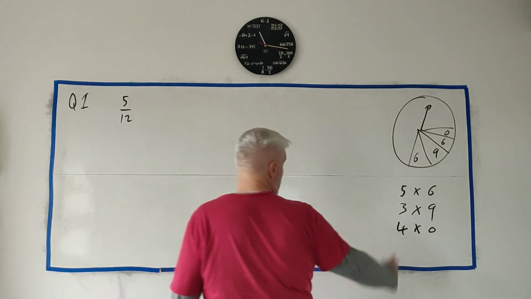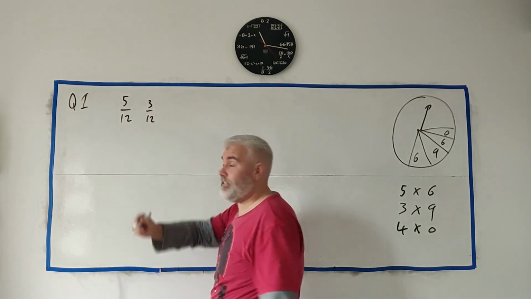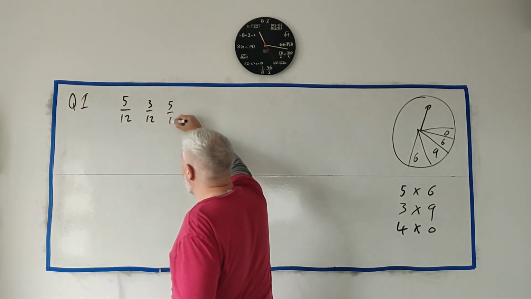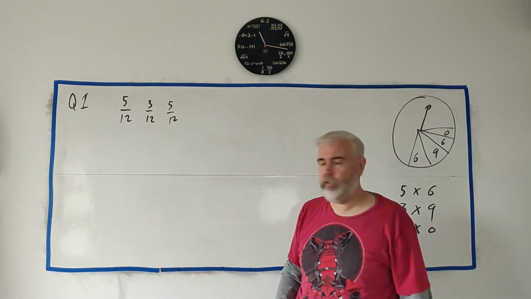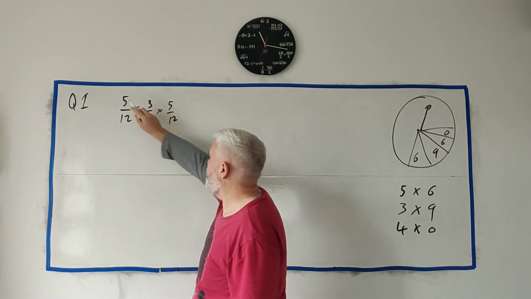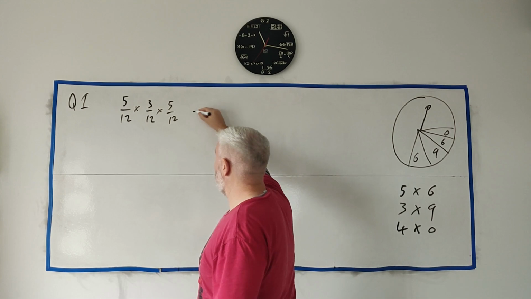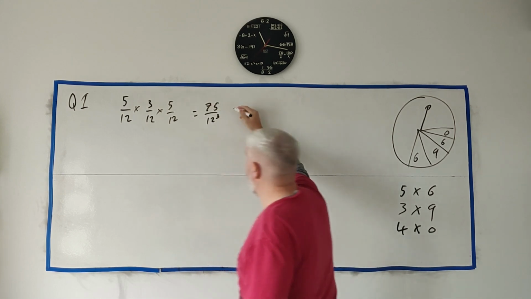Probability of getting a 9 is 3 out of 12. And the probability of getting a 6 again is 5 out of 12. And the probability of doing all of that, each one of them, one after another, you have to multiply these together. So what we're left with here is 5 5s times 3 is 75 on the top, and I guess 12 to the power 3 on the bottom.